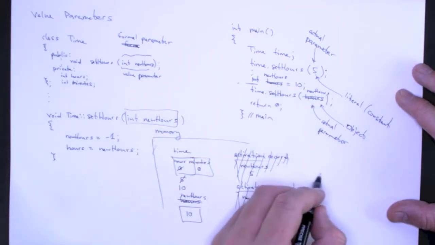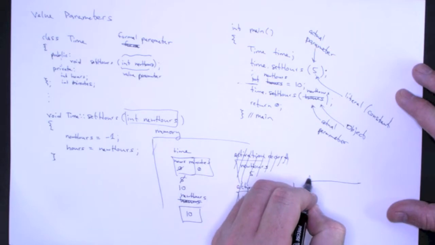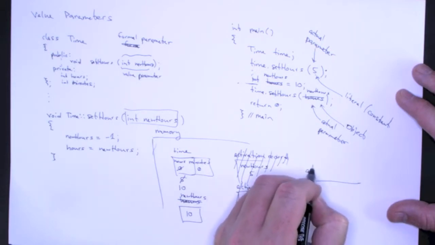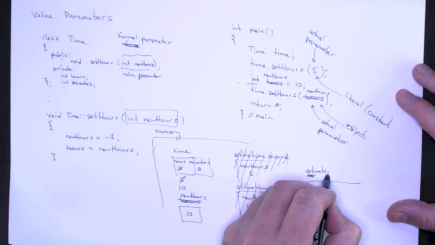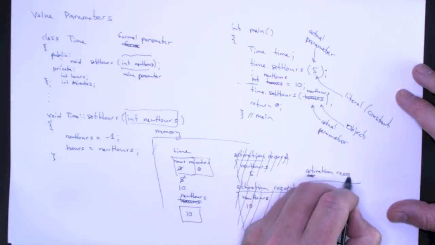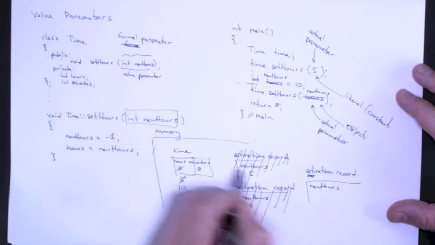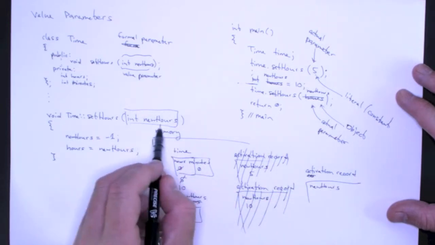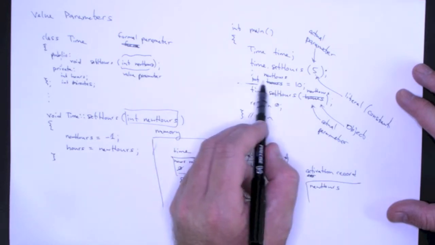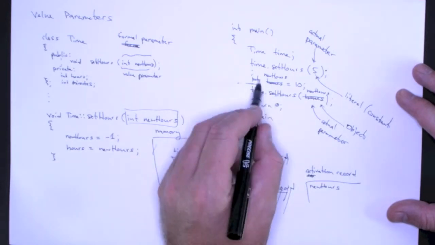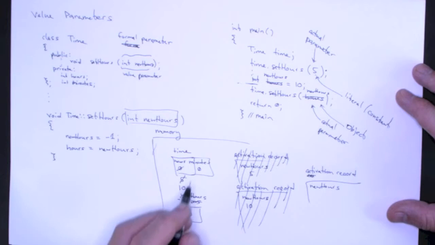Okay? So I get an activation record. And I have space for new hours. The value parameter, not this local variable, right? The local variable that I've declared here in main is over here.